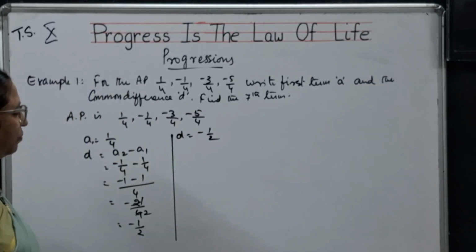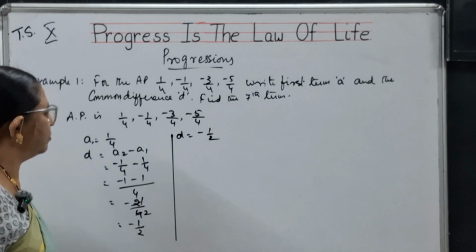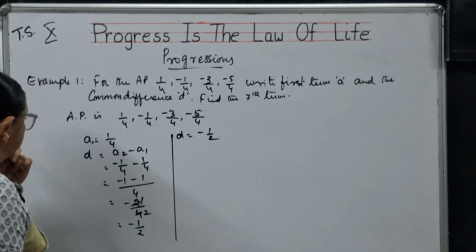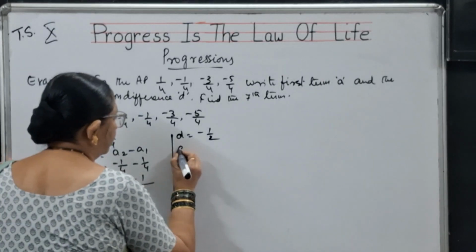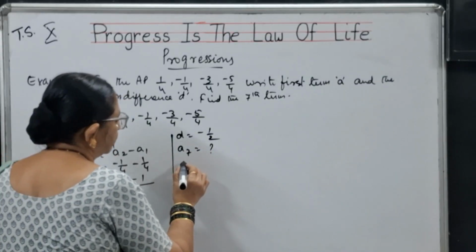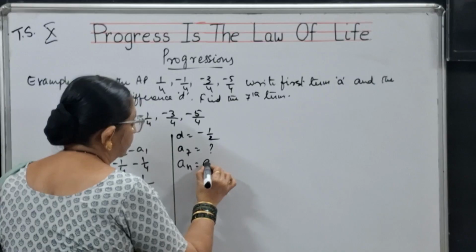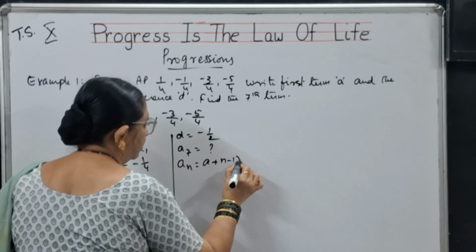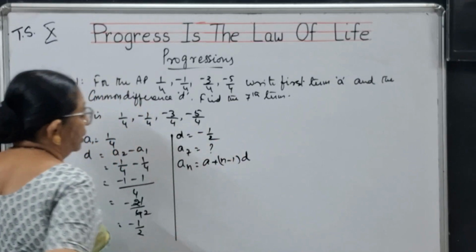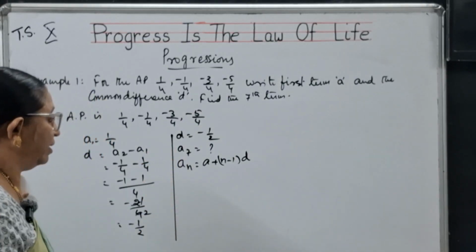So they have asked the first term, I have done, and the common difference D, that also I have done. Now the seventh term. The question is A7 is equal to how much? We know the general formula: an is equal to a plus n minus 1 into d. I have already explained in the previous videos how this formula has come.